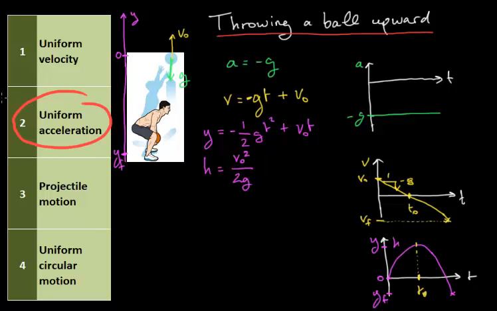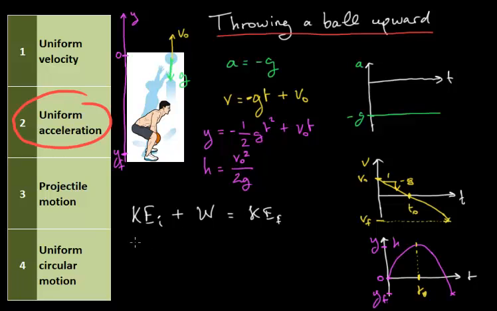Well, I can use an equation that analyzes the system from an energetic point of view. That says that the kinetic energy that I have at the beginning plus the work done on the object is equal to the final kinetic energy.